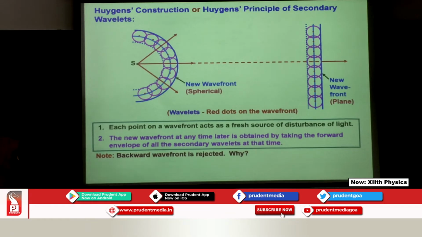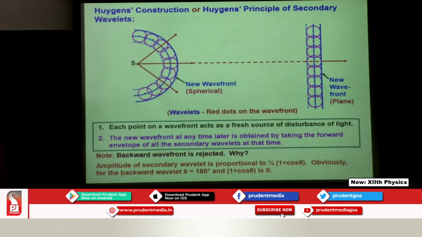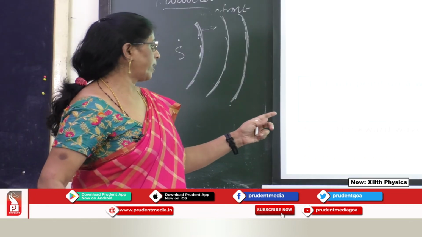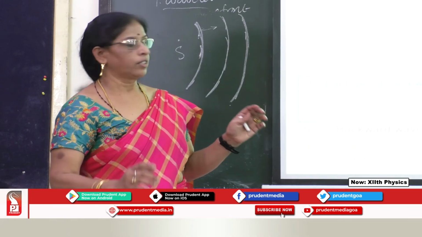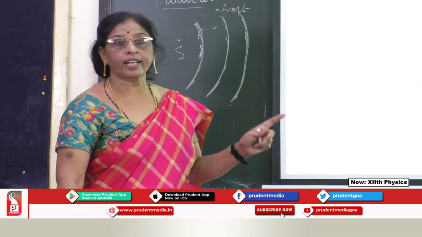Why? Because we have a particular equation, where the intensity is proportional to half of 1 plus cos theta. Now when you consider the backward direction, the angle is 180, so cos of 180 is -1.